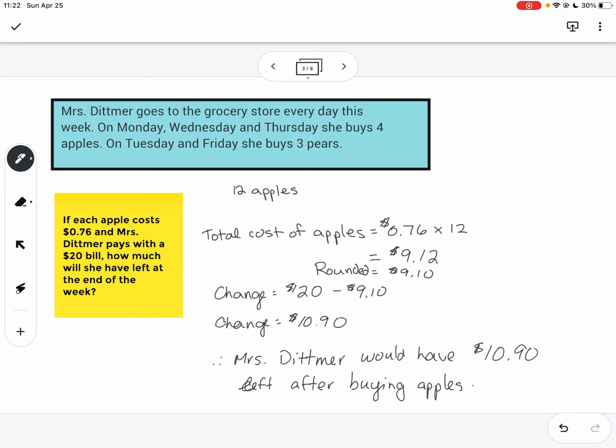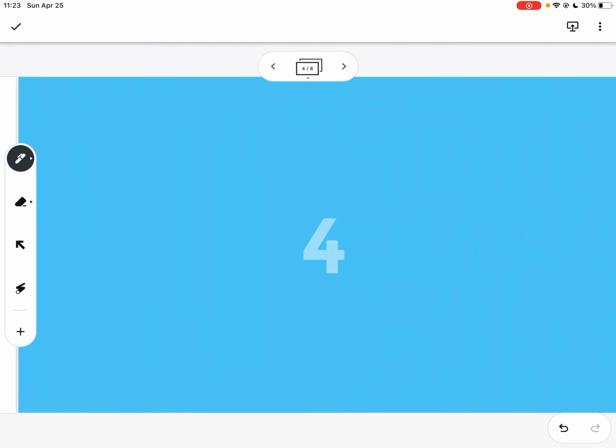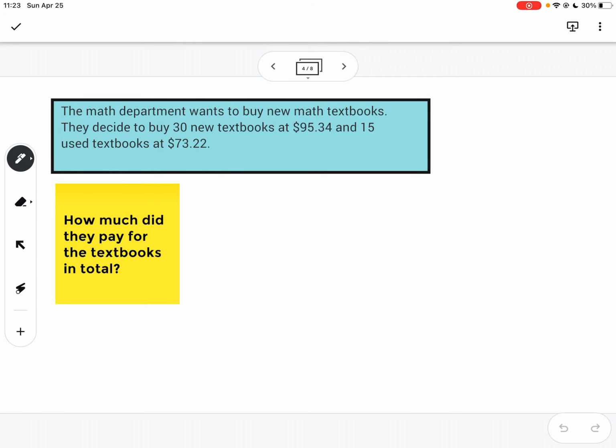So we used addition, we used multiplication, and we used subtraction here. Lots of different operations. Let's try another example. The math department wants to buy new math textbooks. They decide to buy 30 new textbooks at $95.34 and 15 used textbooks at $73.22.